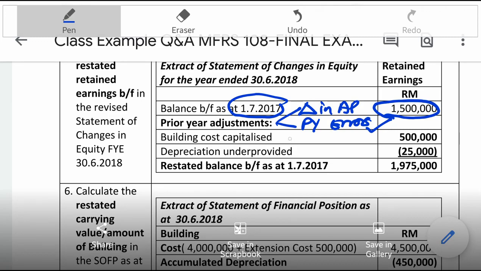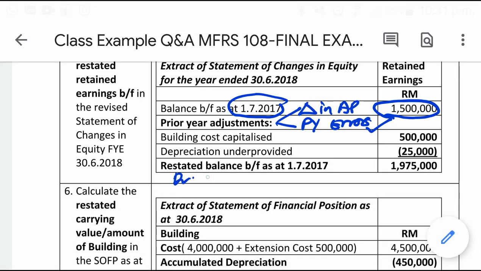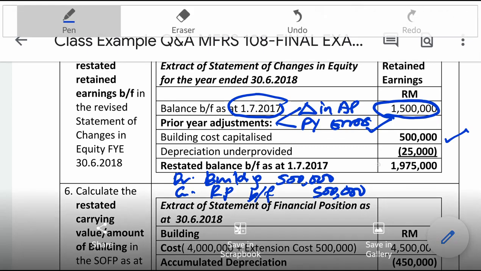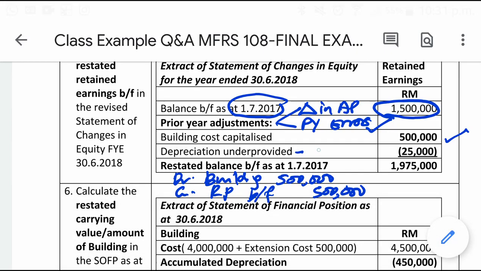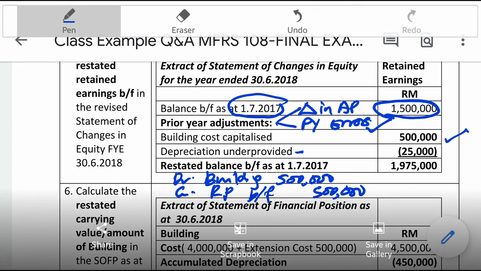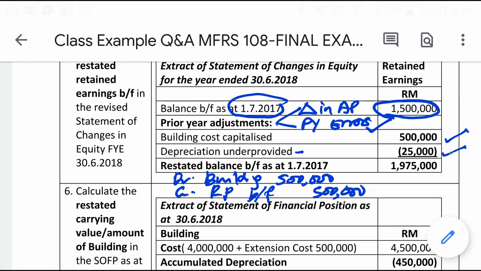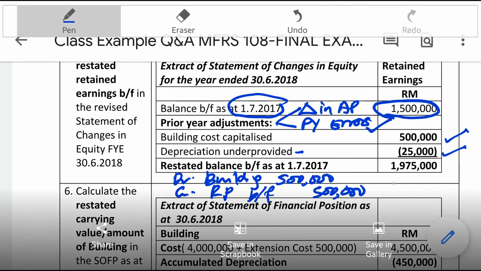Why increase? You go and debit building by 500. If you can still recall, you credit retained profit brought forward by 500. So when you credit retained profit brought forward, you add here. And the second entry is the one that I have shown you earlier about the depreciation under provided, due to the wrongly charged extension cost. So that was 25. So why do you go and deduct?